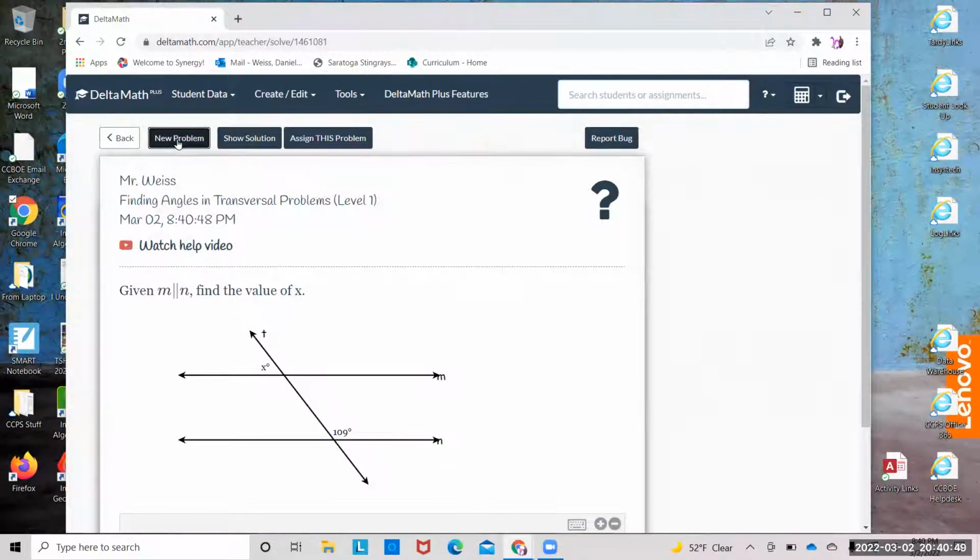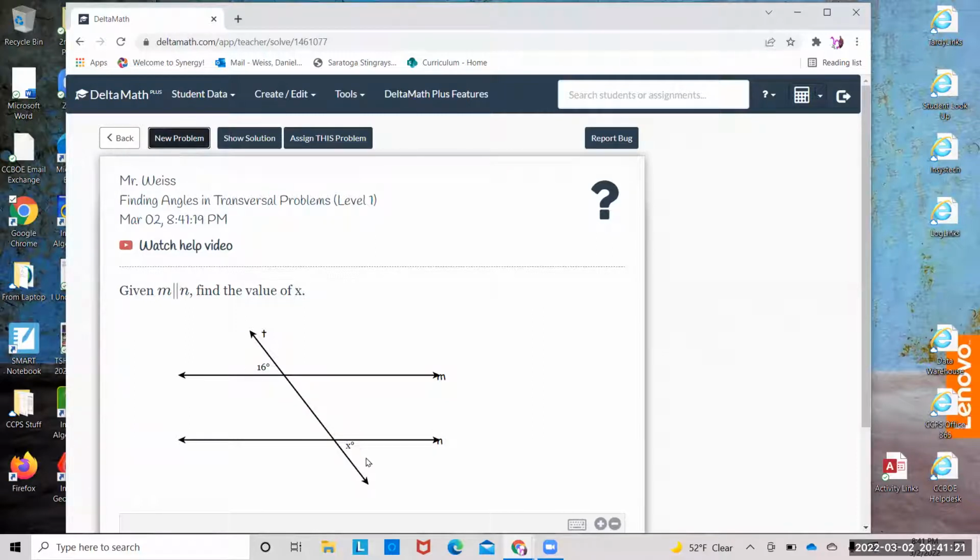If you had one like this, notice 109, and this angle here would be equal because of alternate interior angles. So if this is 109, then this is 109, but then these two add up to 180. So you have to do 180 minus 109 to find x.